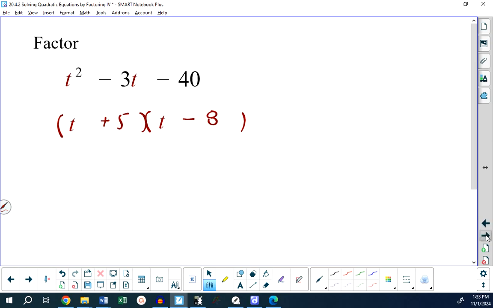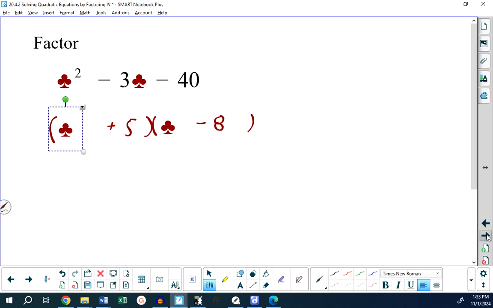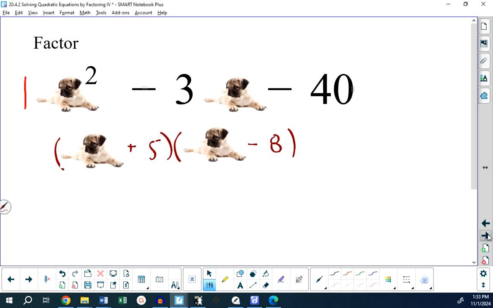This would be quadratic in t. It's a little more nuanced than saying squared to the 1 and 0, and we'll encounter that in a bit. But that's basically the idea. This is quadratic in club. This is quadratic in puppy.